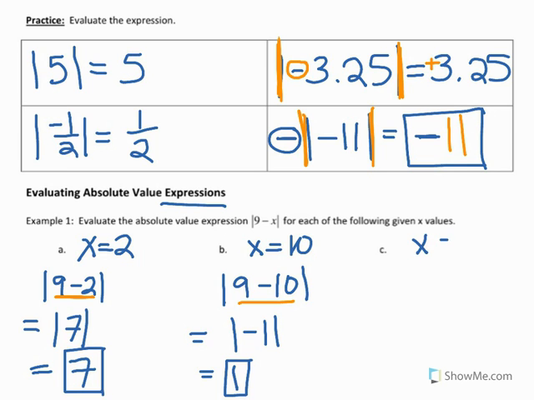And lastly, I want you to try on your own when x is 12. So substitute that yourself. Simplify inside the absolute value first, and you should get an answer of 3.